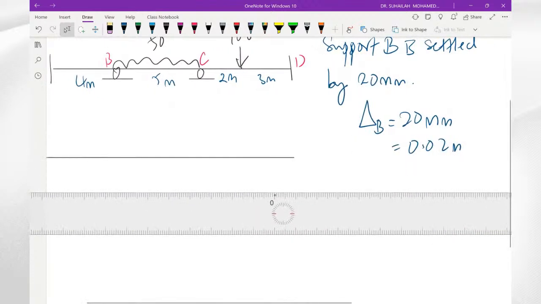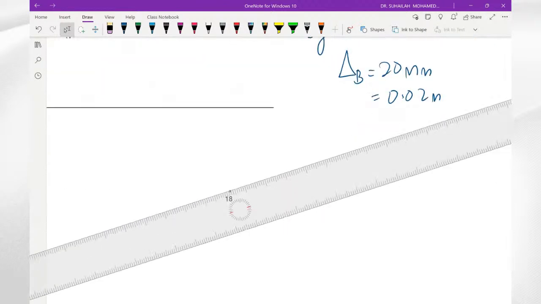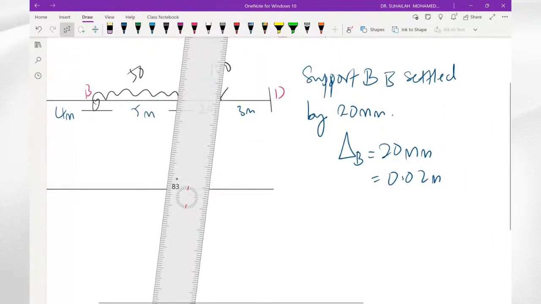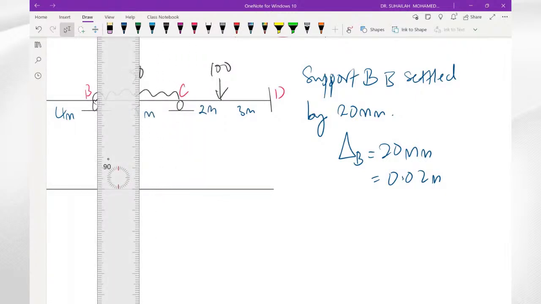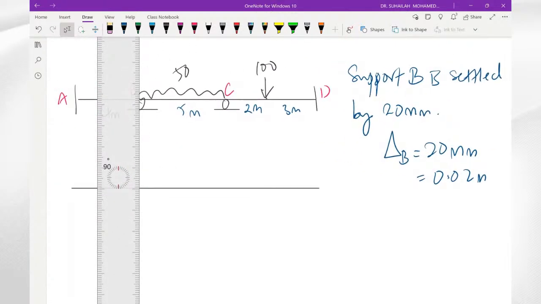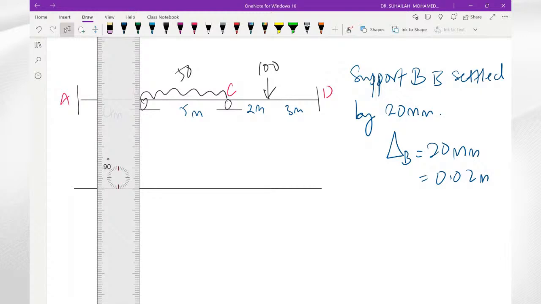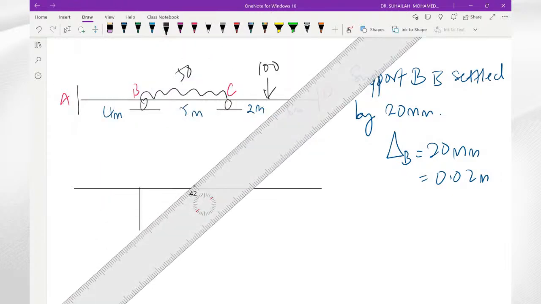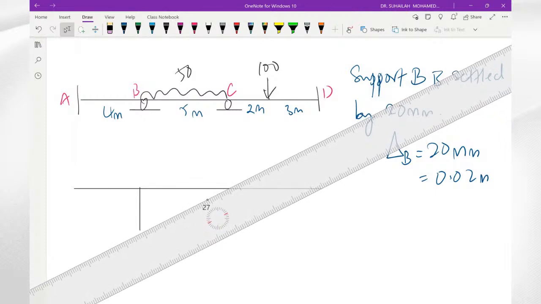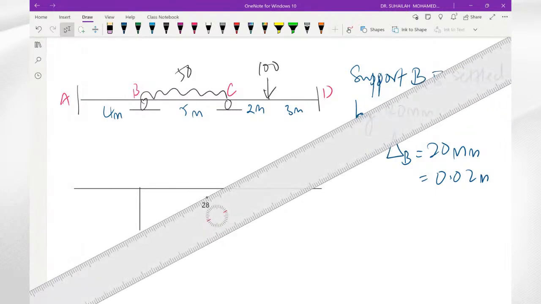Jadi dekat B ni akan ada, yang ni lah delta dekat sini. So dia punya height tu lah adalah dia punya delta B tu 20 mm. So C masih remain the same.